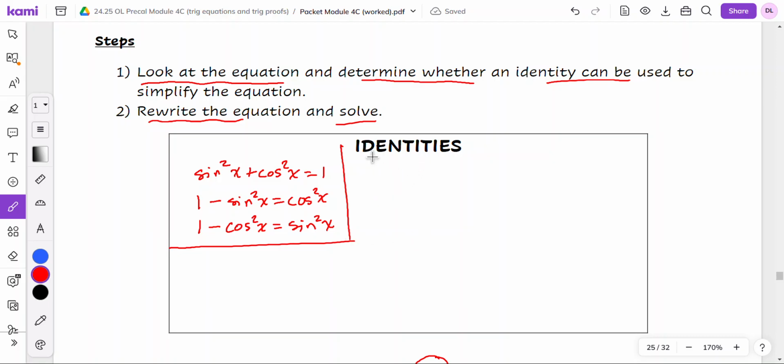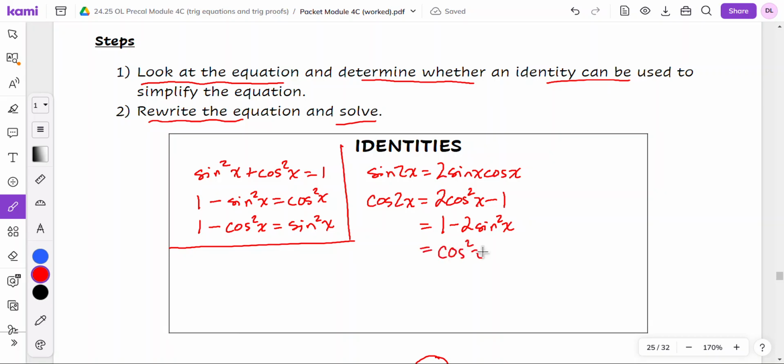Double angle identities that are very common, we know that the sine of 2x is equal to 2 sine x cosine x, and that the cosine of 2x has a variety of different ones. The one we used here was 2 cosine squared of x minus 1, but this could also be 1 minus 2 sine squared of x, and it could as well be cosine squared of x minus sine squared of x. So those are our double angle identities.